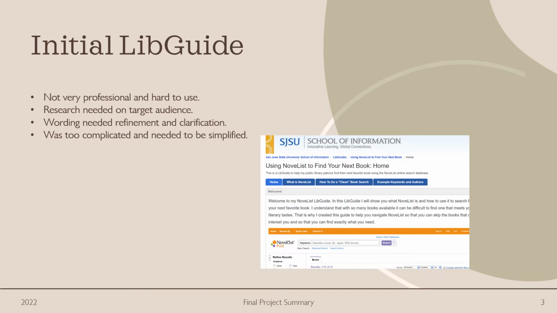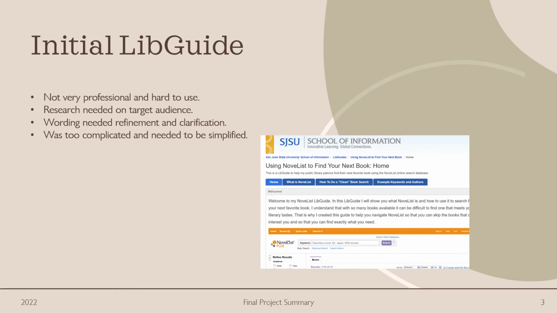The initial LibGuide. Okay, so when I first created my LibGuide, I'll be honest, it was not very professional and it was kind of hard to use. Those initial processes, you just have to kind of throw information on the page and start seeing what works, what doesn't.